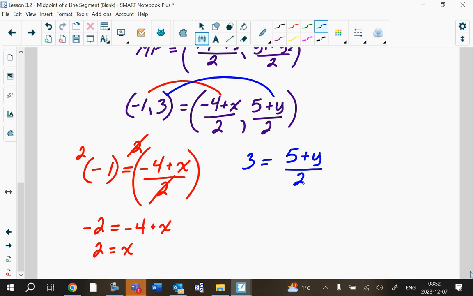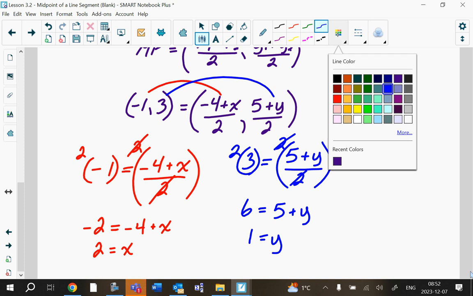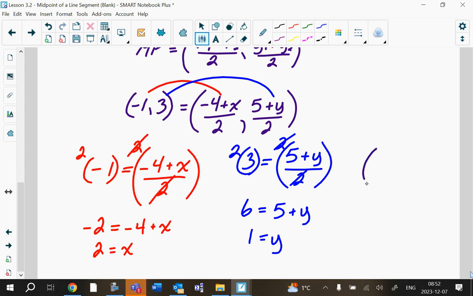Get rid of the divide by 2 by multiplying both sides by 2, and you get 6 is equal to 5 plus y. And how do I get y by itself? Subtract 5 from both sides, and y is 1. So therefore, the missing coordinate I'm looking for is (2, 1).